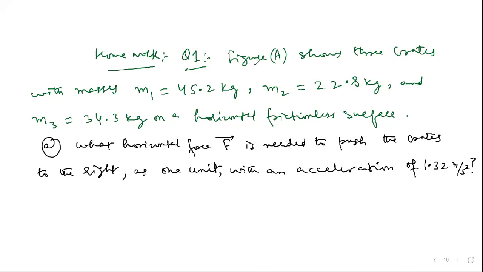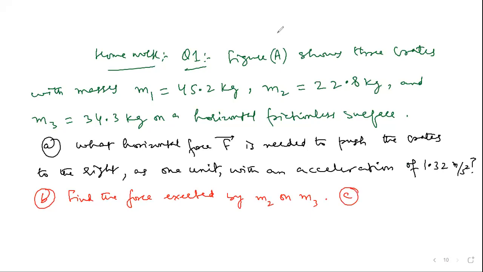Part B says, find the force exerted by M2 on M3, and part C says by M1 on M2.